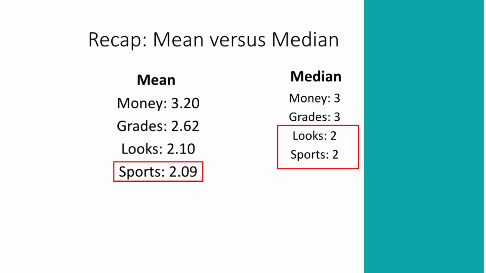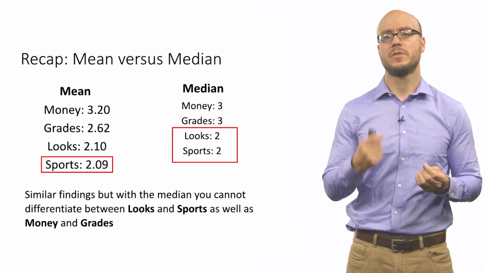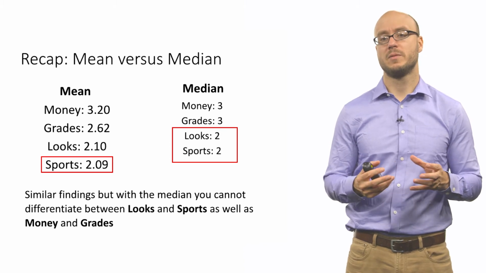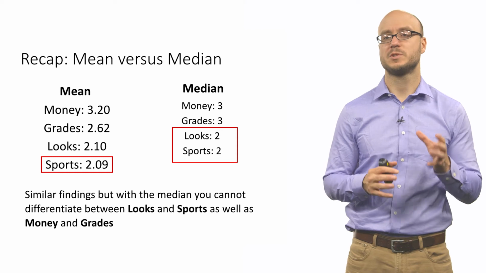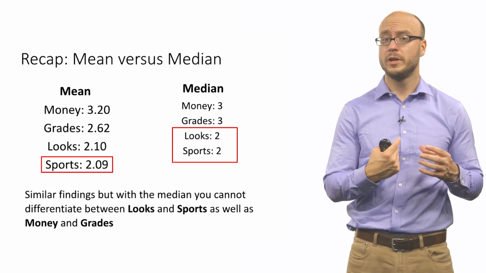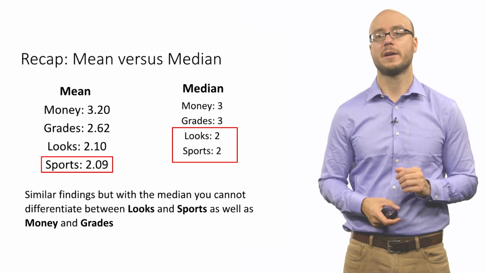That's not always the case, but in general it is. So the key point here is if you compare the mean with the median, we have similar findings. However, with the median, we don't really find a difference between looks and sports in terms of importance. With the mean, we do find a very slight difference. But overall, you see a similar pattern where if you want to be popular, kids will say you should do sports.